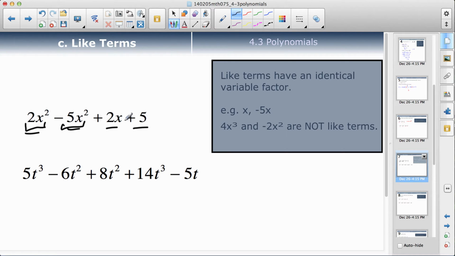These ones aren't the same because the x isn't the same in both of them. Take a look here and see if you can identify the like terms. So this one would hook up with that one. Maybe a t squared would hook up with that one. Those two are like terms. And a t just by itself doesn't have a buddy, so it wouldn't have a like term. But those other ones did.